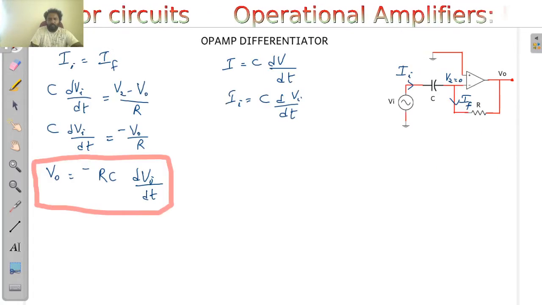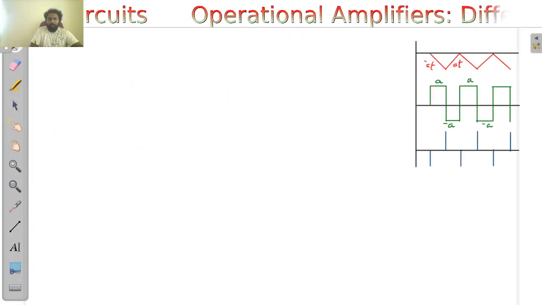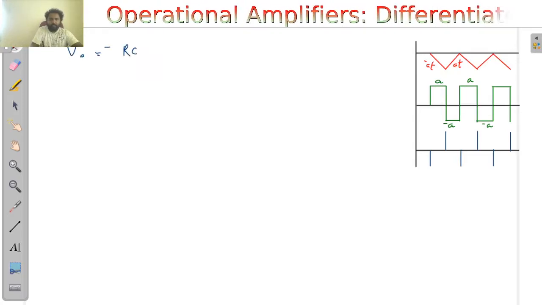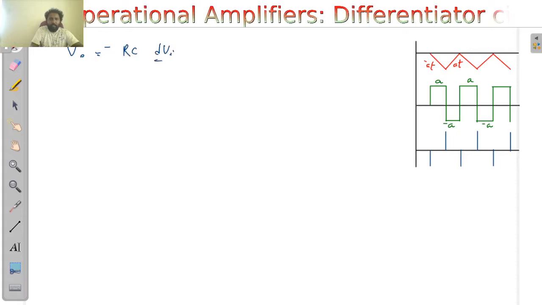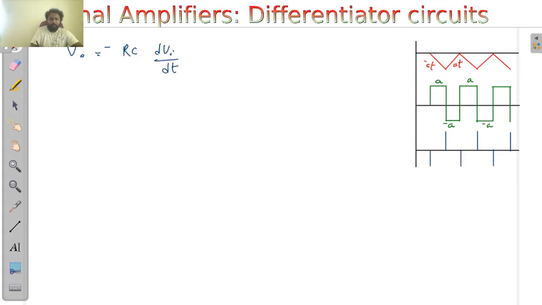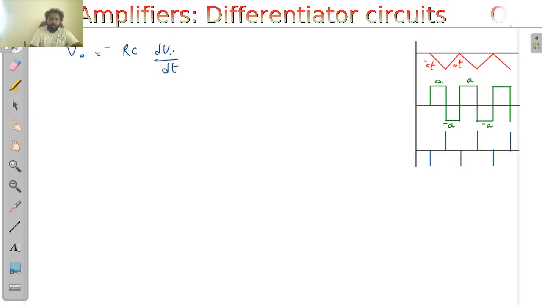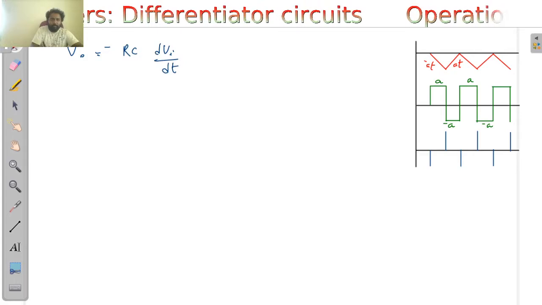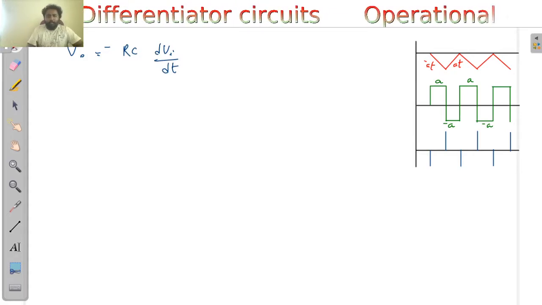Your output is VO is equal to minus RC dVi by dt. So I am writing out VO is equal to minus RC dVi by dt. Okay. So I am substituting it. What is Vi? Vi is minus At in this case. So for the negative slope, that is VO negative, I will write it as VO negative.